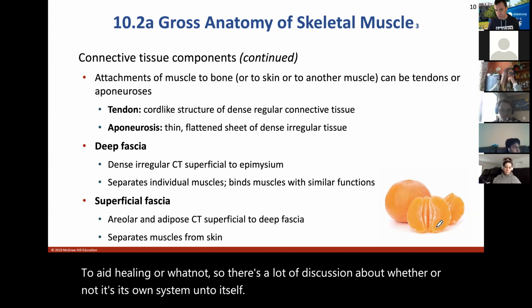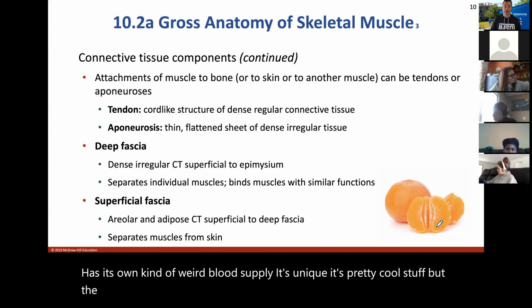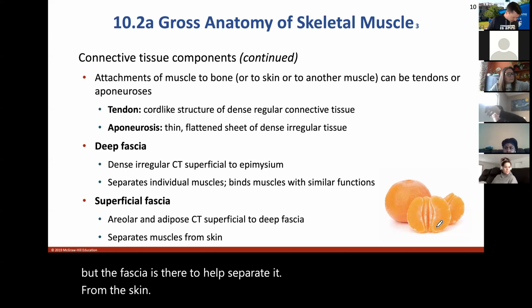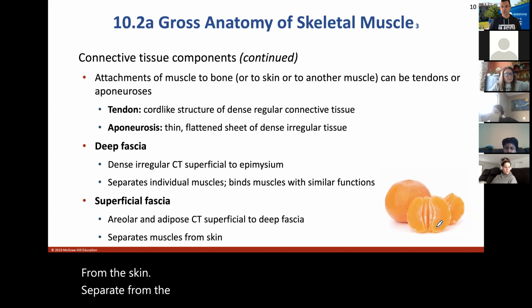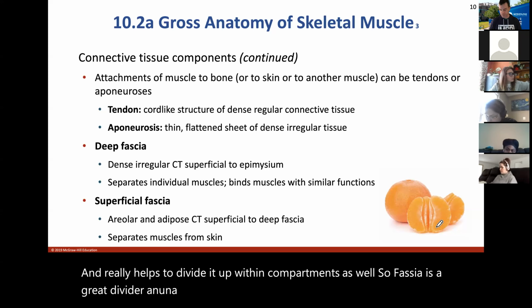It has its own kind of weird blood supply. It's unique. It's pretty cool stuff. But the fascia is there to help separate it from the skin, separates it from the organs below, and really helps to divide it up within compartments as well. So fascia is a great divider and unifier all in one.